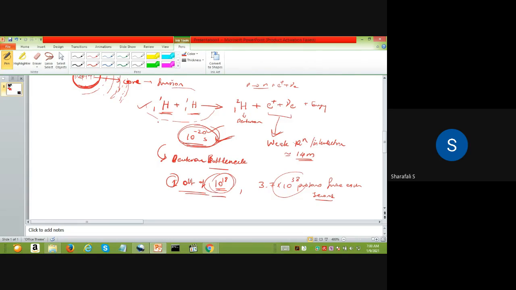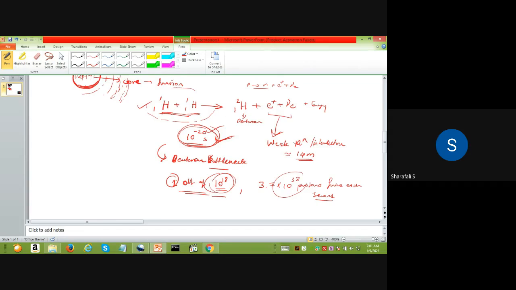We already said that this reaction is less probable, but still, because of the very high concentration of protons in the core region of the Sun, we still have this reaction.